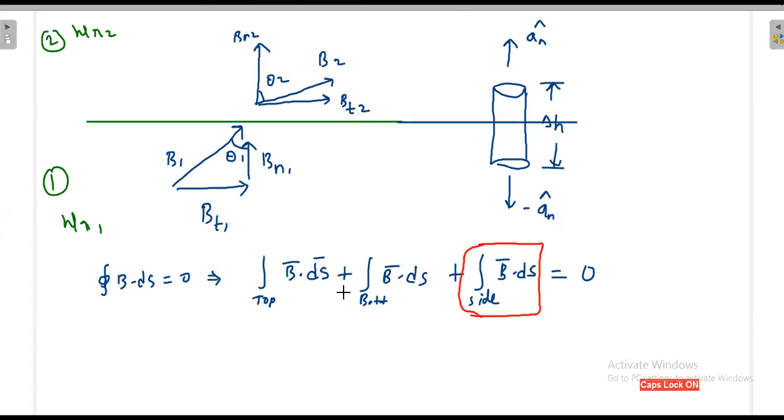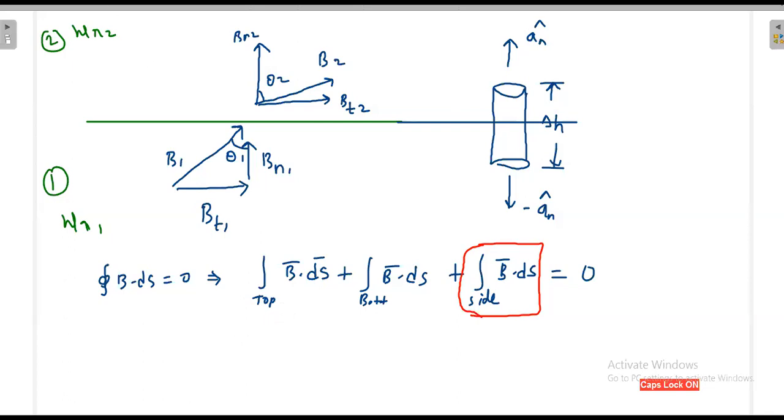So for the top surface, what is ds? ds means the surface vector. What is the surface vector? a n cap. Once you make a dot product with the B vector, you'll get only the component in the direction of a n cap, that is Bn2.